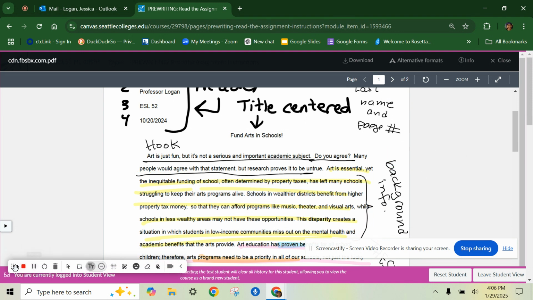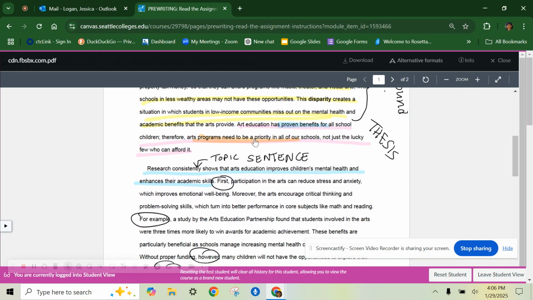And then we finish with our sentence that is like a topic sentence but is bigger, because this sentence, called the thesis, covers all of the essay. It's the purpose of the essay. It's the main idea for everything, the thesis.